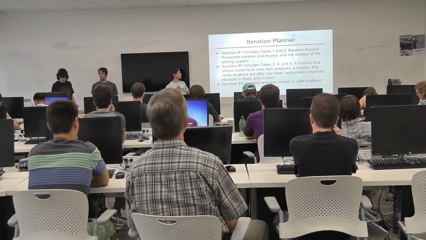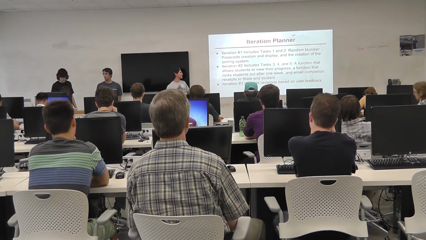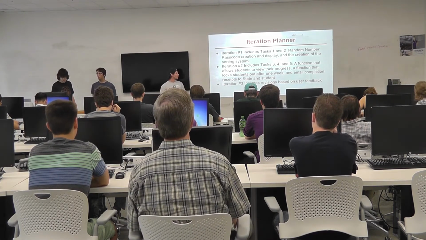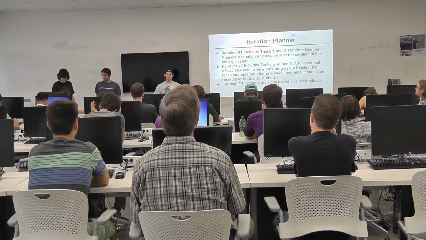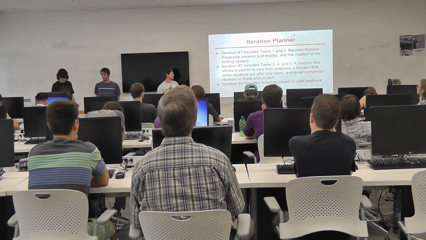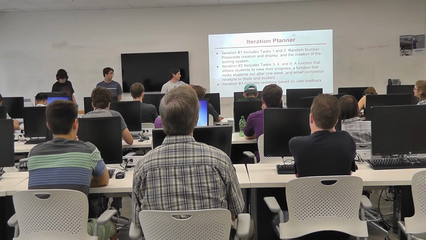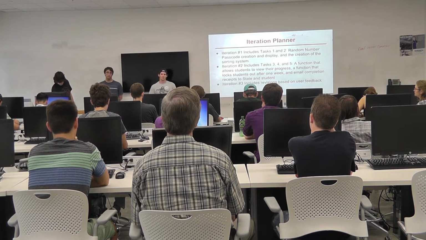And the second iteration included the rest of everything: the progress report, the lockout after 1 week, and the email to the state and the receipt of them. And then there has to be a third iteration based on user feedback, because you can't just give them this and say, all right, we're done.